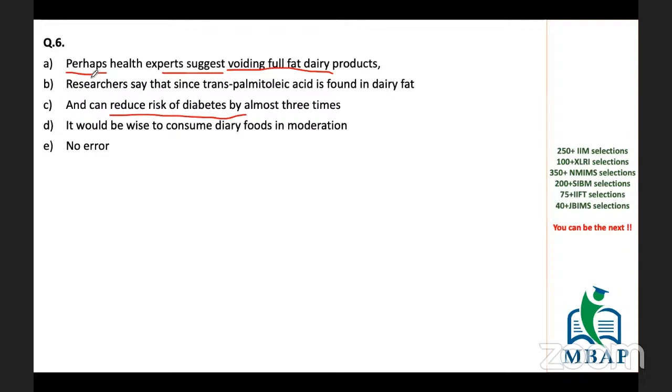Any doubt? Any question you guys have, you can come up with it. So it has to be although. Okay, the reason: we are coming with contradictory information that despite health experts suggesting this, still it reduces the risk of diabetes.